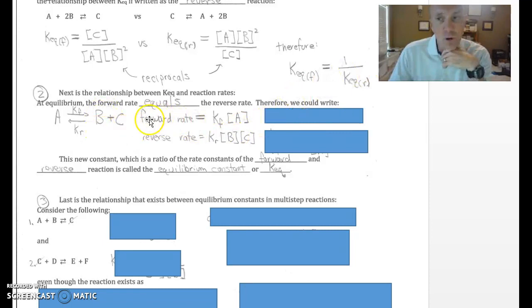Before going forward, I do want to point out one thing about the way that we write constants. It's hard to distinguish between these when I'm printing them, but there are K's that refer to equilibrium constants, and we also dealt with K's when we were talking about rate constants. I do want to point out that there is a difference in how they're written.